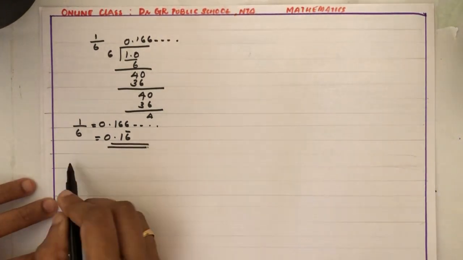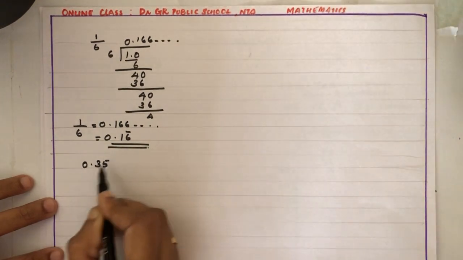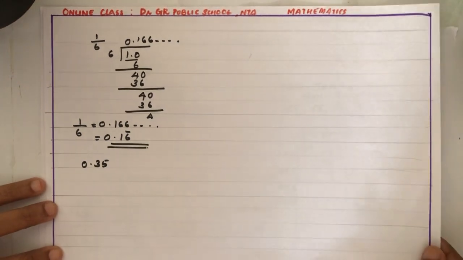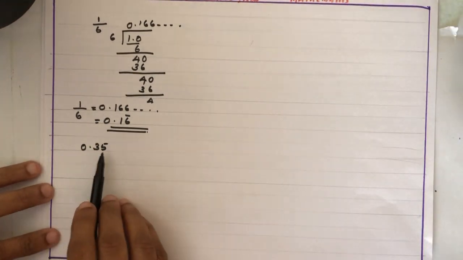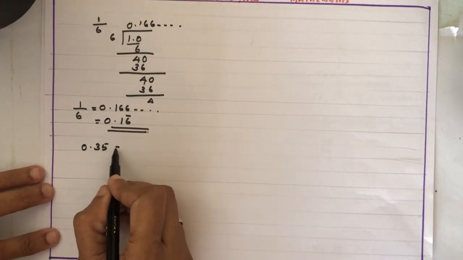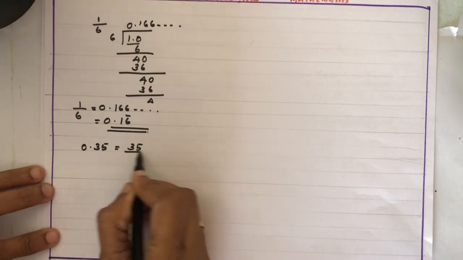Consider the decimal expansion 0.35, a terminating decimal expansion. 0.35 can be written as 35 by 100.